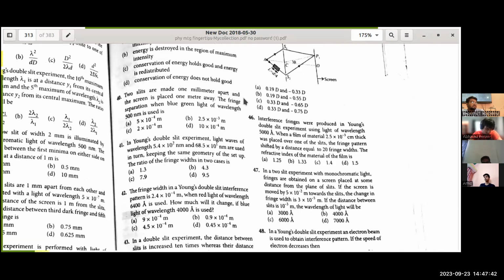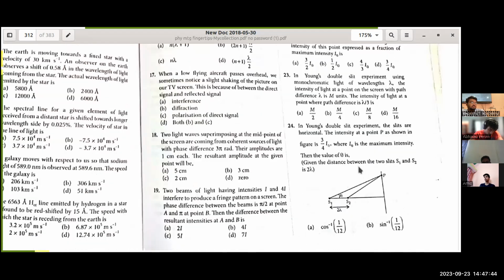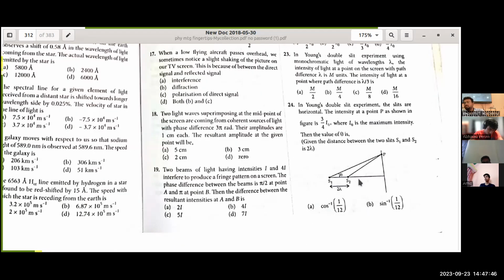Yeah, use this. Do this. 24th. You have to find S1P minus S2P. Yeah? Pardon?